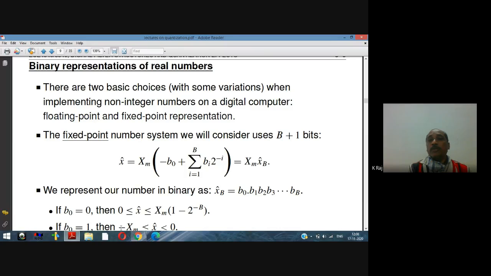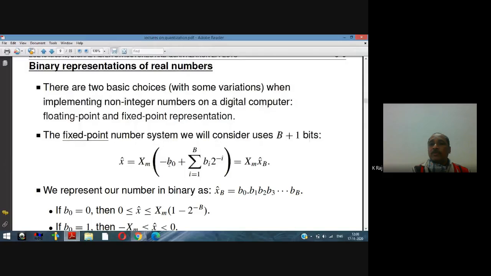If we consider any number that has to be represented in binary form, having b plus 1 bits, then this can be represented in arithmetic form, something like this. If x is the value, and it has to be represented by a finite number of bits, that is b plus 1 bits, then that value will be modified to x cap, and it will become the maximum value of x multiplied by minus b naught plus summation.